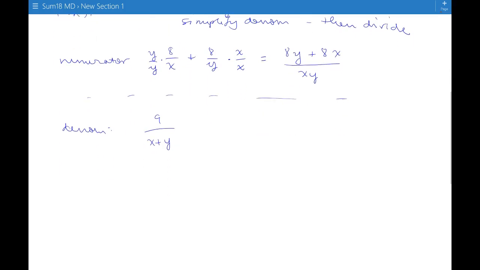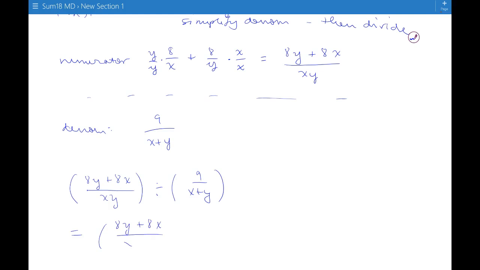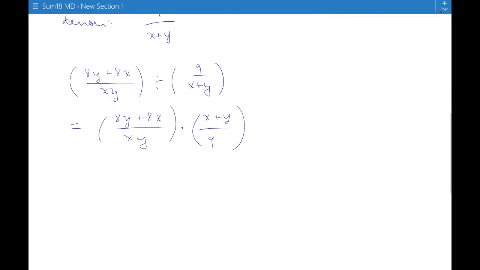So then we divide. Now this problem is (8y plus 8x) over xy divided by 9 over (x plus y). Recall that that's the same thing as doing (8y plus 8x) over xy times (x plus y) over 9. So we're multiplying by the reciprocal.